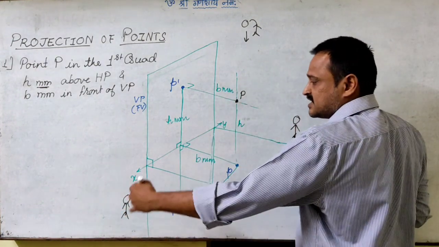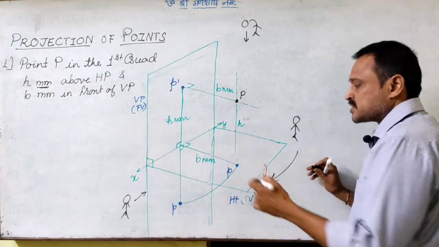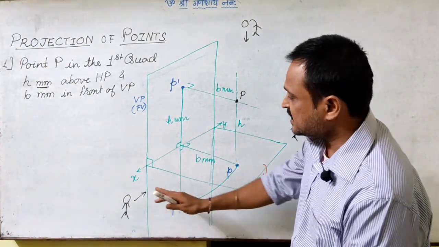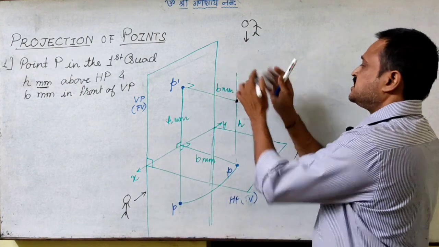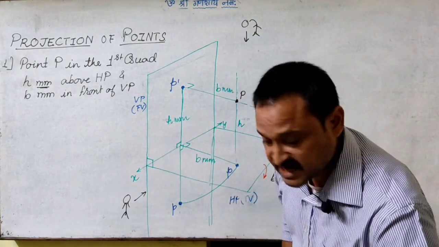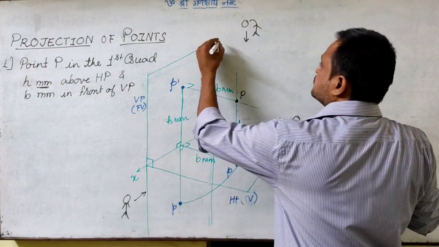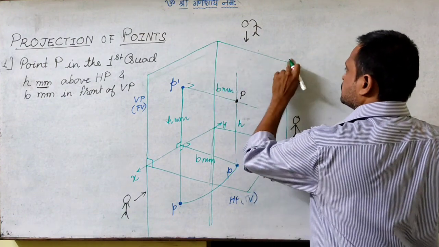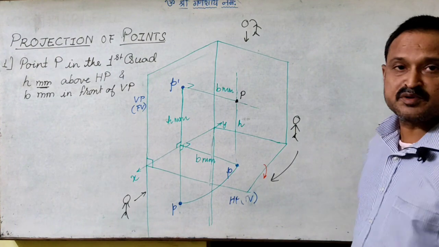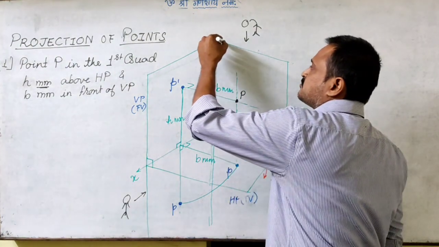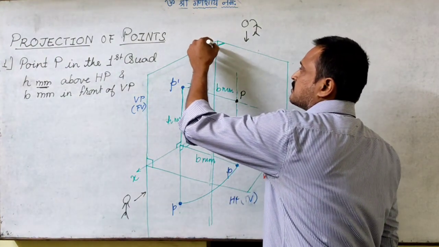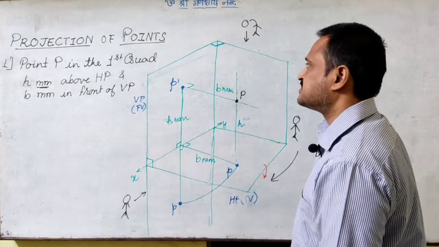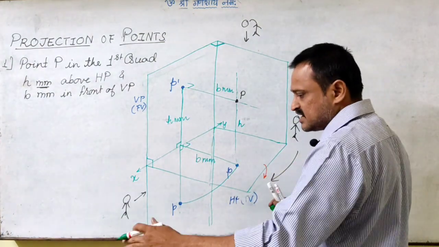This is my left, I move to my left and look at the object. In that case, the profile plane will be on the other side. So this will be the right profile plane, but the view is the left hand side view because I have moved to my left.